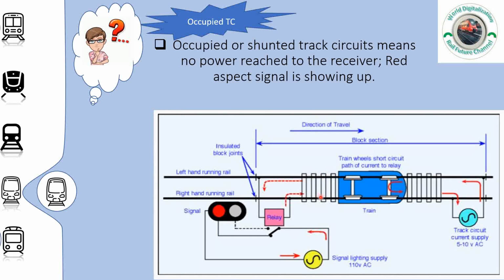It will shunt the rails and make a short circuit, which means that the power will not reach from the source to the relay. At this moment, the aspect will change to red because right now there is a train inside the block section or on the track circuit, and there is a red aspect or occupied track circuit.